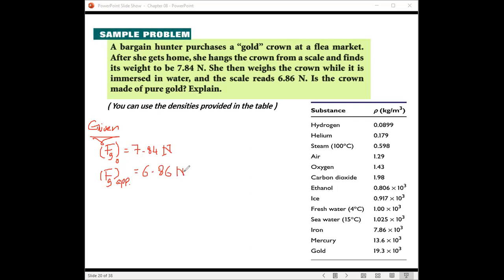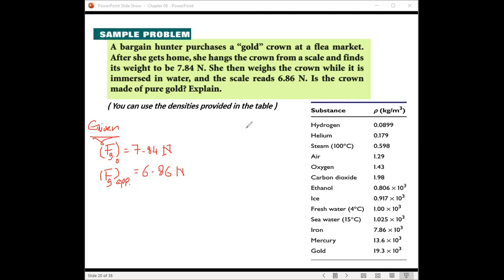Exactly. I told you that whenever you find the real weight and the apparent weight, don't wait for anything, don't even wait for reading the problem. So what will we do using them?